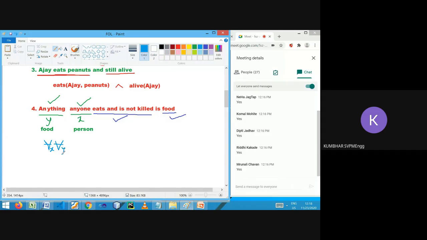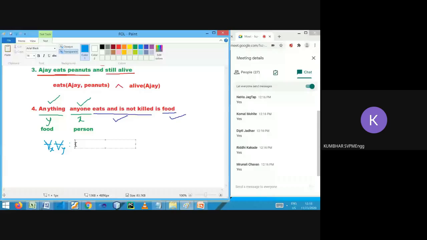Such that, please understand, we are going for a more complex form now. Such that, if, now for eat, who eats what? How can I write eats? What should I write in this bracket? Anyone, anything. You are correct, Parvez.